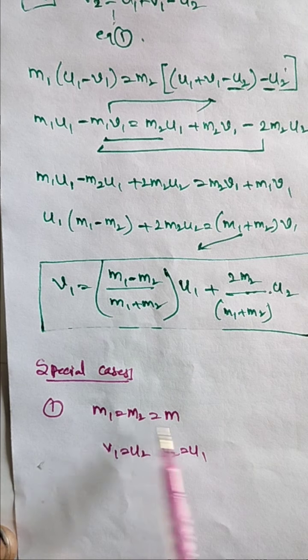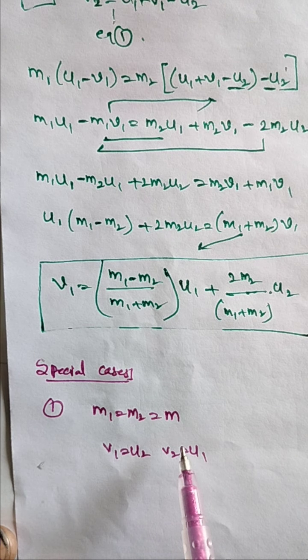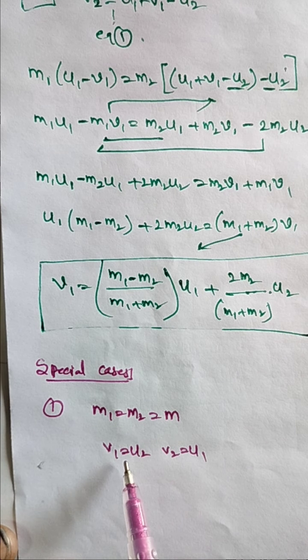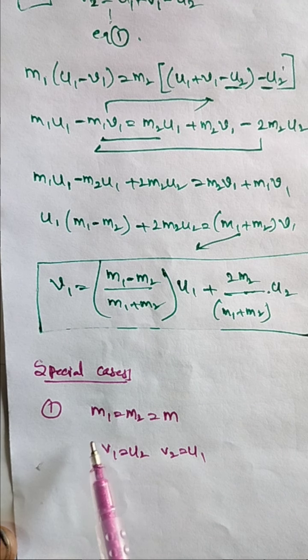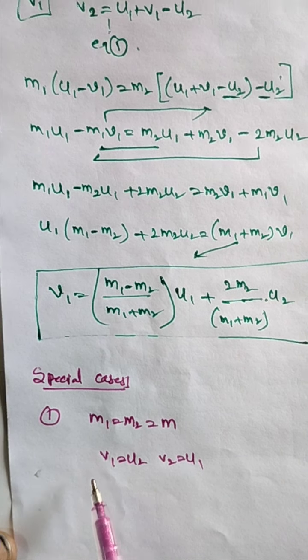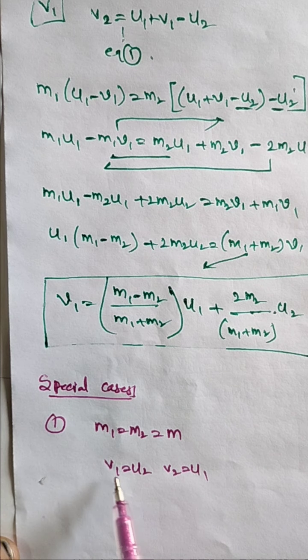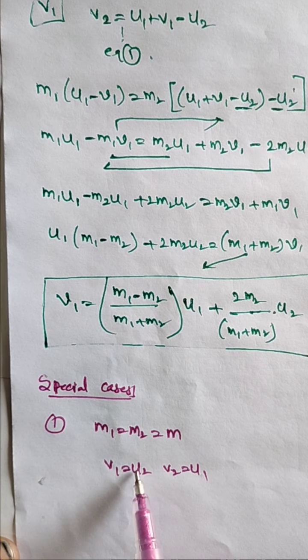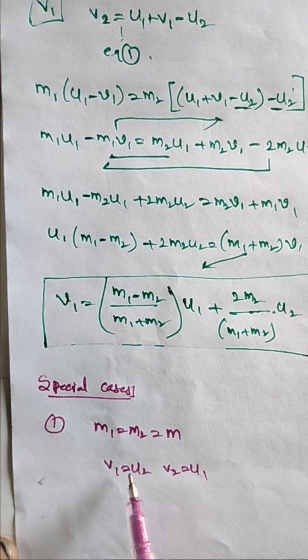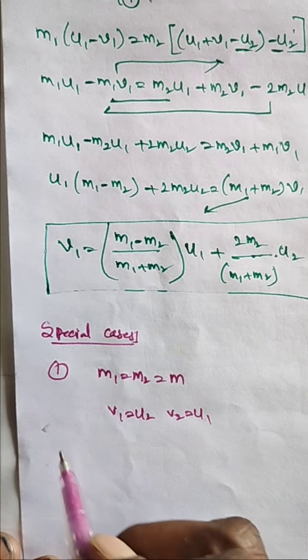So both are the same masses, before collision, after collision, what happened? v1 is equal to u2, v2 is equal to u1. So if the two bodies are equal, the bodies simply exchange their velocity. The first velocity u1 is going to the second particle, the second velocity is going to the first. Exchange of their velocity. This is the first case.